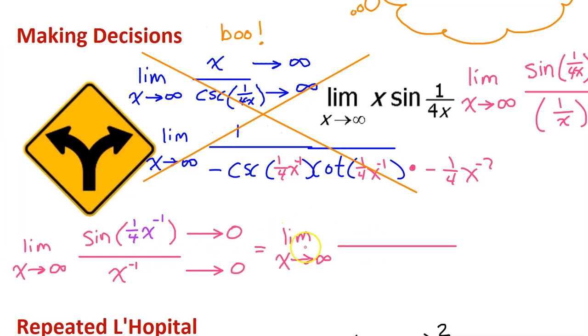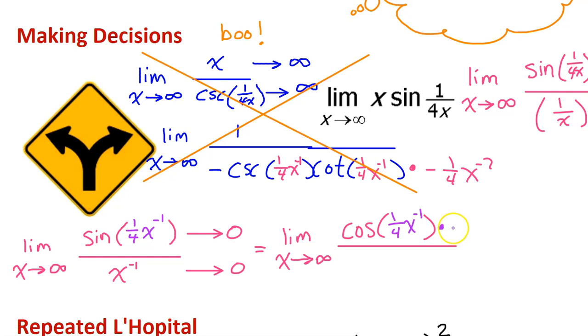Anyway, L'Hopital's rule says we can take the derivative of the numerator and denominator without changing the value of the limit. For the numerator, we will need the chain rule. The derivative of sine is cosine. And then we've got this inner function of 1/4 x to the negative 1 power. The chain rule demands that we multiply by the derivative of this inner function.